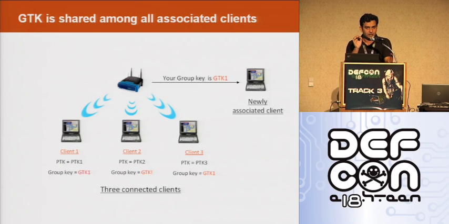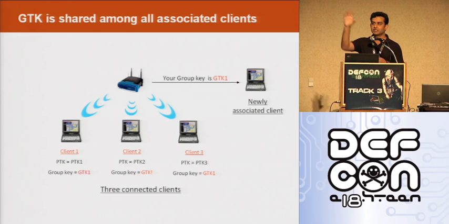Now, I said GTK is used to protect broadcast traffic or multicast traffic. So in a Wi-Fi network, if you have noticed, all broadcast traffic is basically sent by the access point, because the access point can talk to each and every client. And this traffic is never sent by a client device, because whenever a client has to talk to another Wi-Fi client device, it first sends packets to the access point.